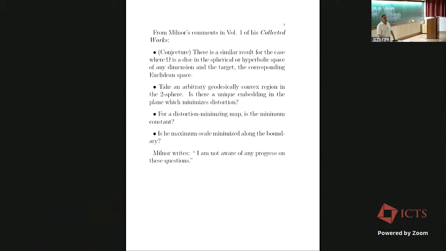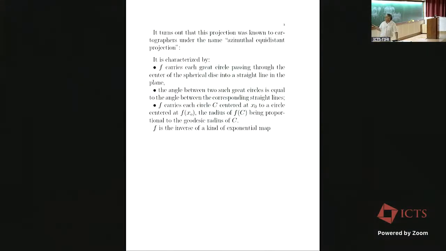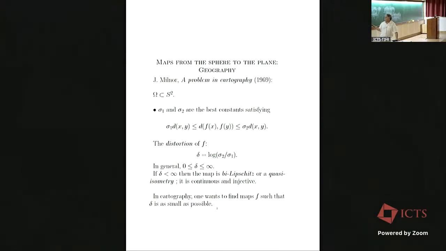Now, this definition is very natural for cartographers, but I could take another definition, just like in Thurston, just one side of the distortion, and I can ask the same questions.